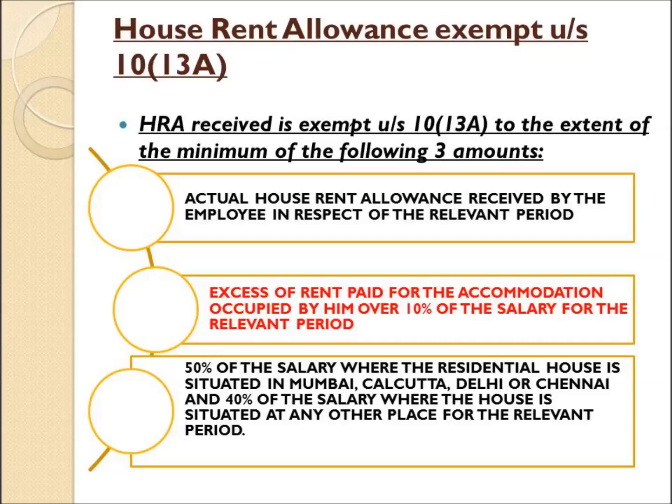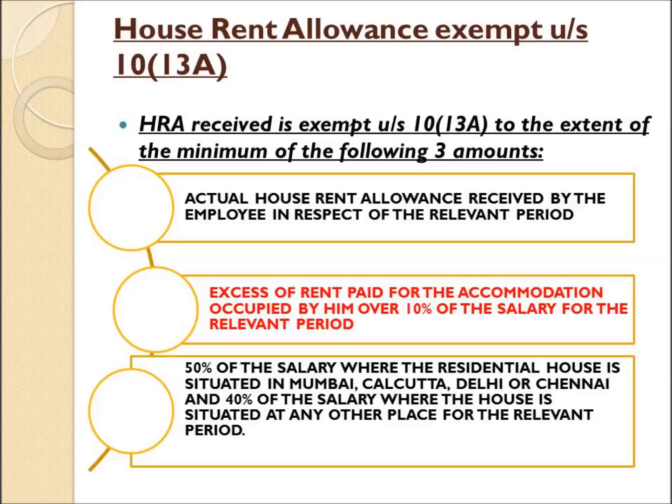What are the three amounts? Let us see again. Actual HRA received, rent paid for the accommodation minus 10% of the salary, and 50% of the salary if the house is situated in the metros, that is Mumbai, Calcutta, Delhi or Chennai, and 40% of the salary where the house is situated at any other place for the relevant period.